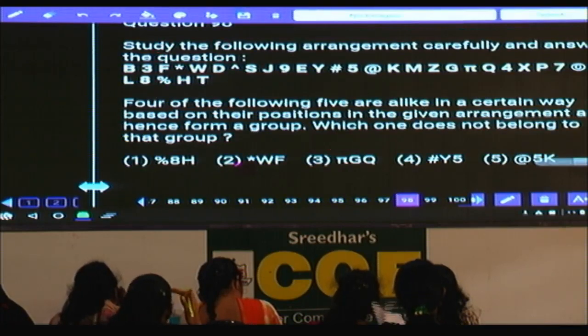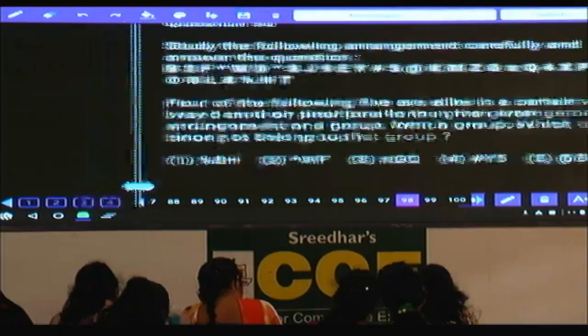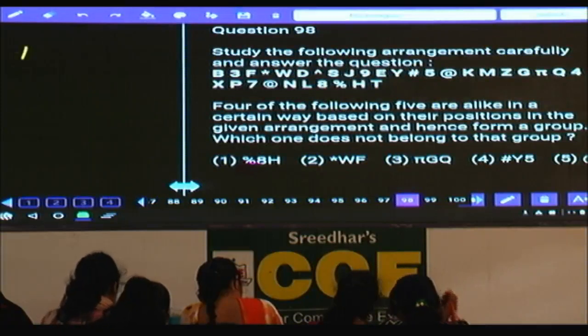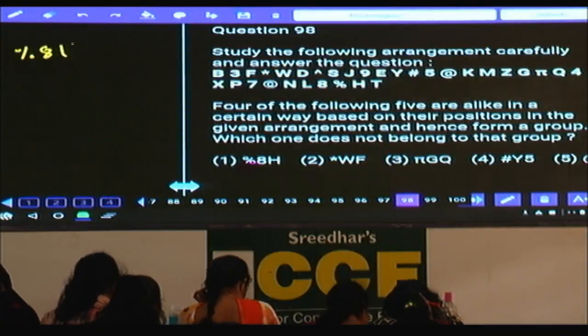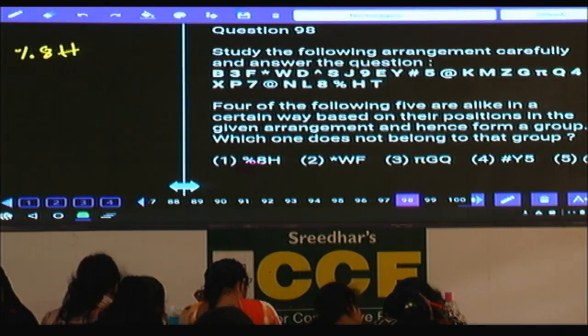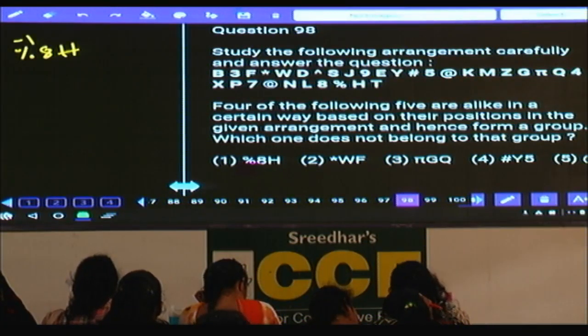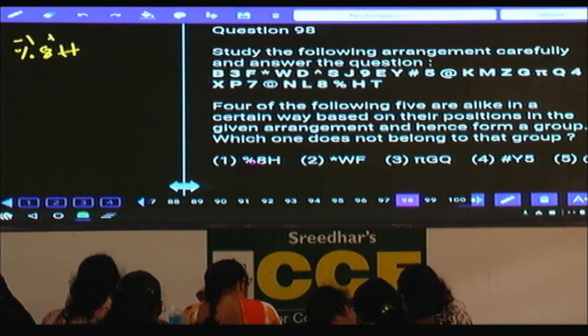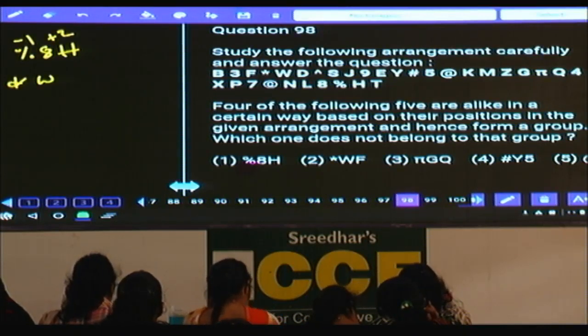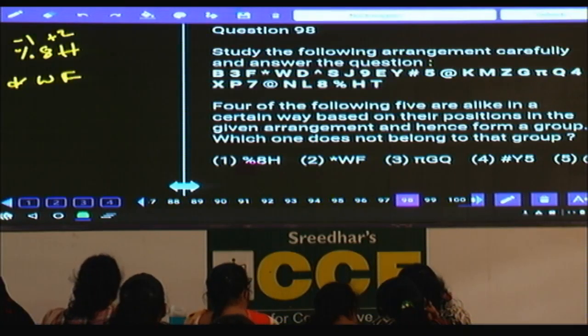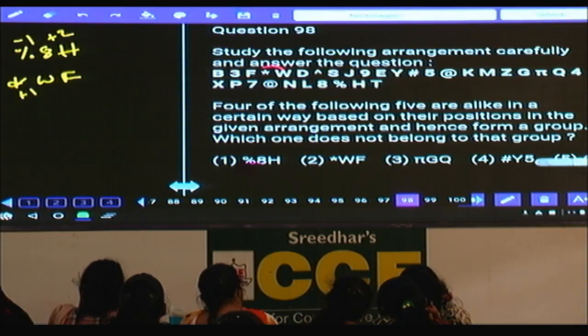Then 98. Find the one out of the following, which is nothing but an odd man out. Percentage, 8 and H. Now percentage and 8, what is the relation between these two? Minus 1. 8 and H is plus 2. Minus 1, plus 2. Next one, star, W and F. Star and W is plus 1, and W and F is minus 2.